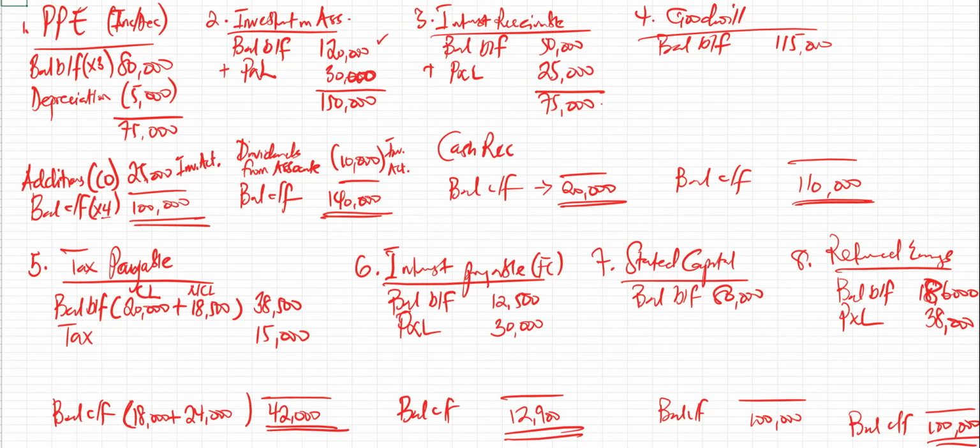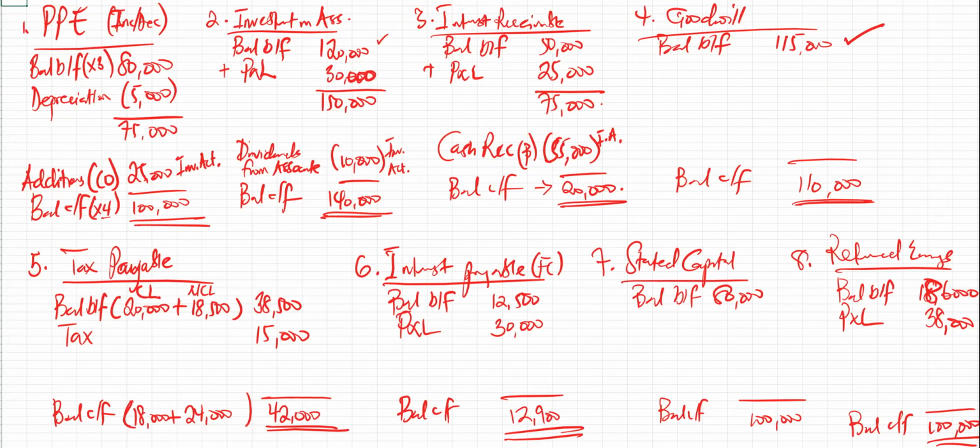Somebody owing us 75 now owes us 20. Did he pay us something? Yes. How much did he pay? 55,000. And this is as a result of interest from investment. So what type of activity is this? Investing activity.